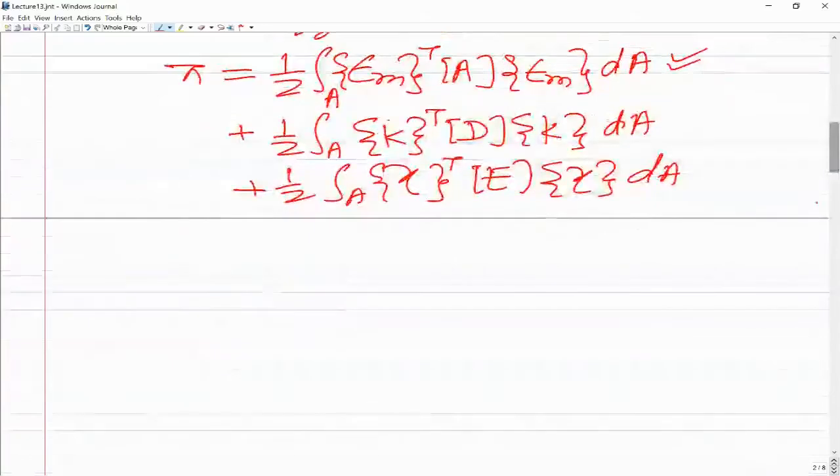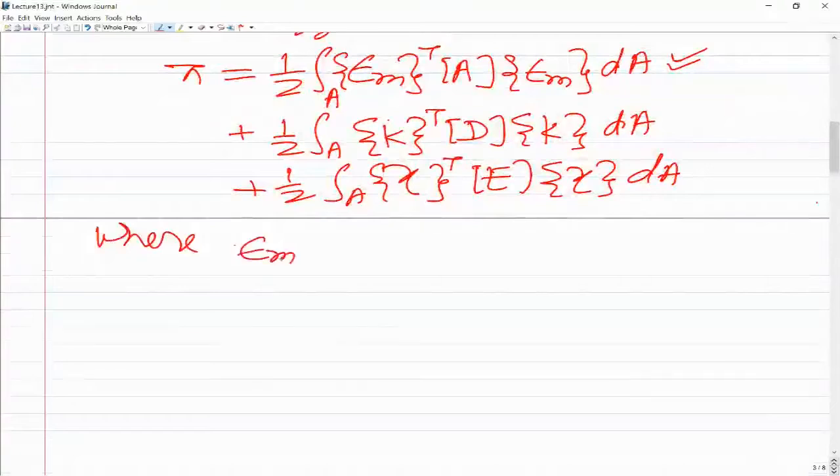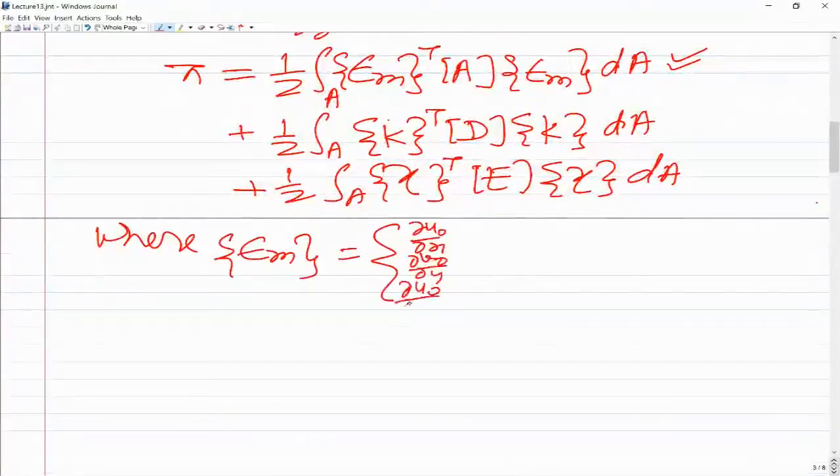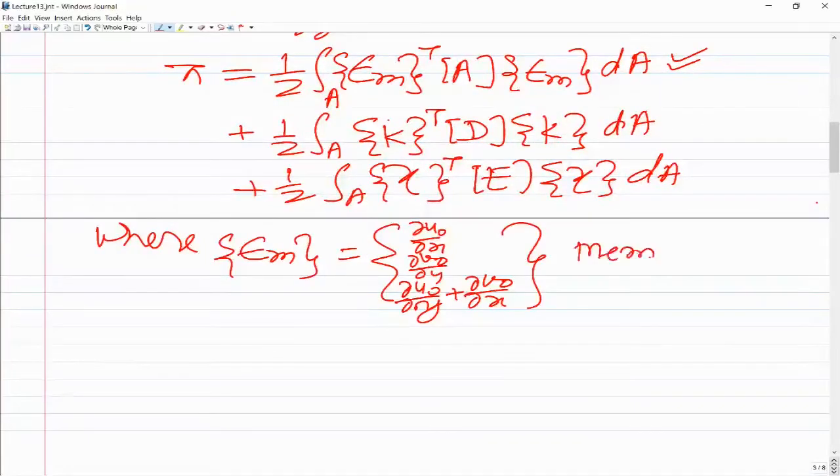So now let me define the various quantities which are appearing here in the strain energy term. Epsilon m is the membrane strain. I am using this as del u naught by del x, del v naught by del y, and del u naught by del y plus del v naught by del x. This I am denoting as epsilon m, and we call this membrane strains or membrane strain tensor.